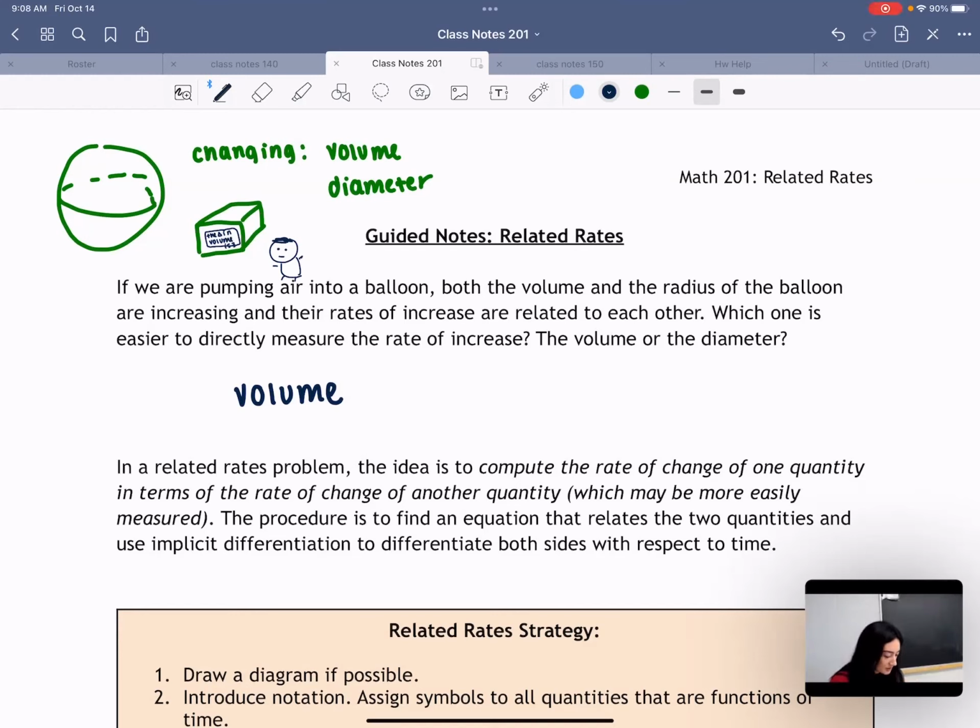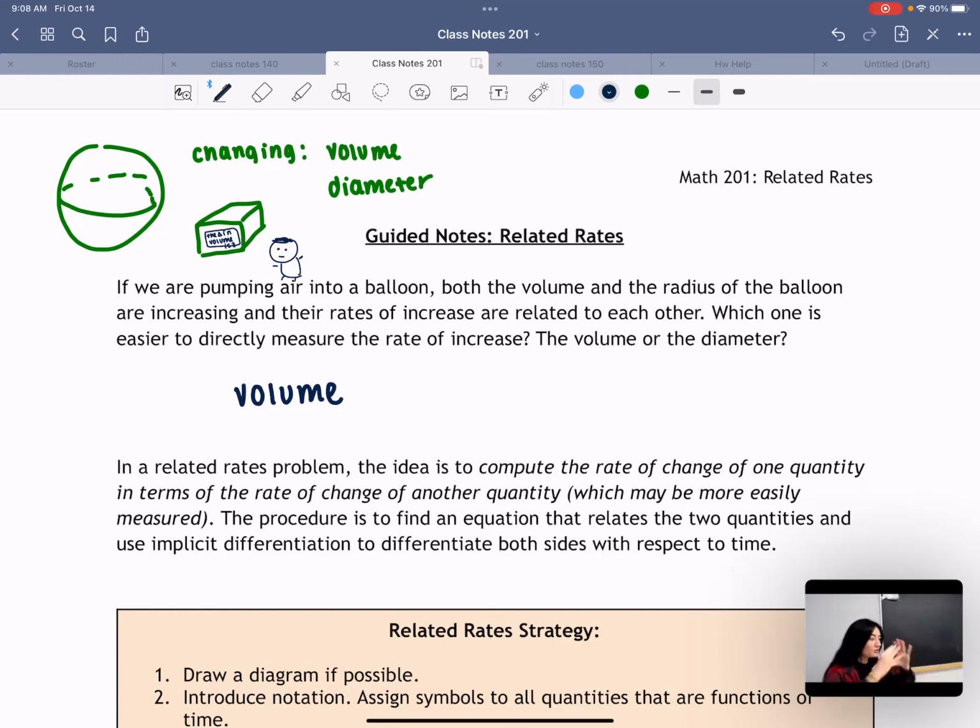Okay, so we know that we can measure the change in volume, and what if we wanted to know the change in diameter? Okay, maybe there's a way to relate the change in volume to the change in diameter over time and use our known change in volume to find the change in diameter.